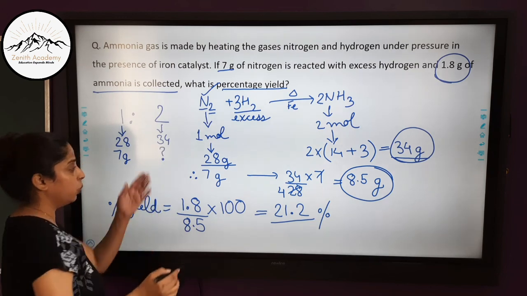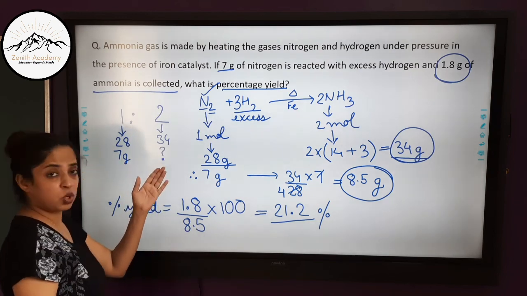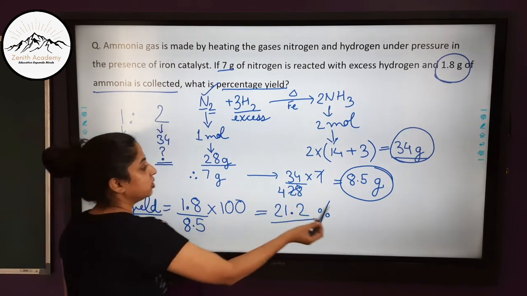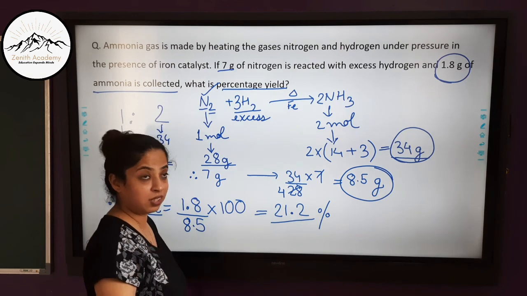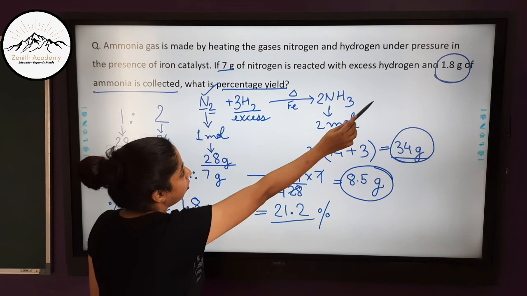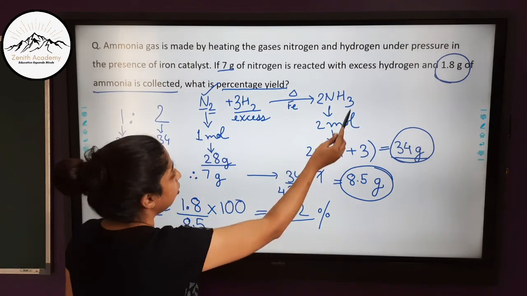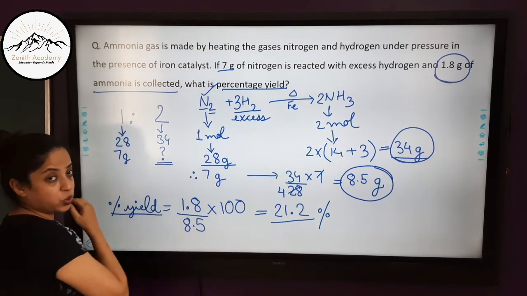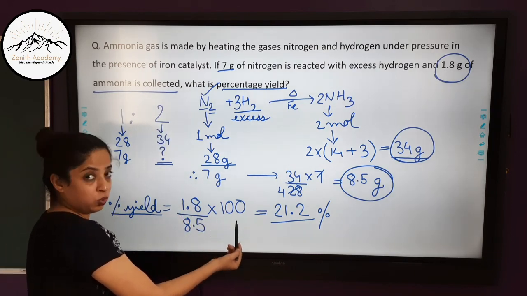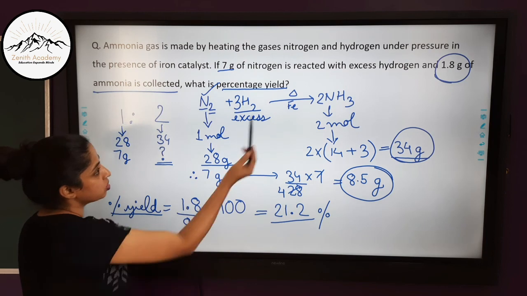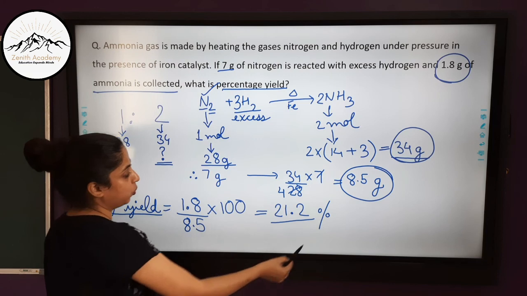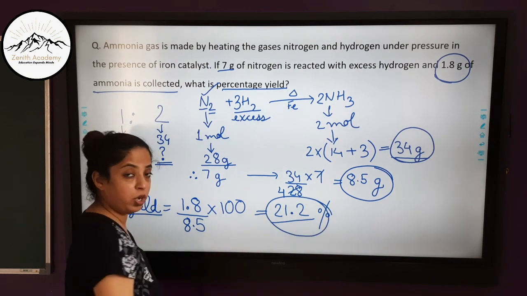You can do it by using your knowledge of ratio and proportion or by unitary method and find out this. This, that is your 8.5 gram, was your theoretical yield because you have calculated it. But actually when the reaction was performed, you got 1.8 gram. So 1.8 gram is your actual yield. So percentage yield is actual yield upon theoretical yield into 100. So actual yield was in the question, theoretical you calculated and you did into 100 to get your answer as 21.2%.